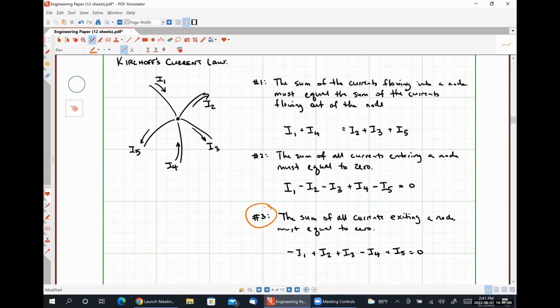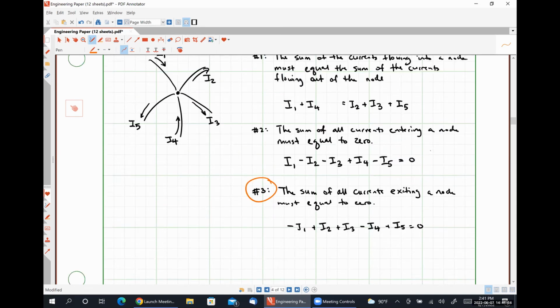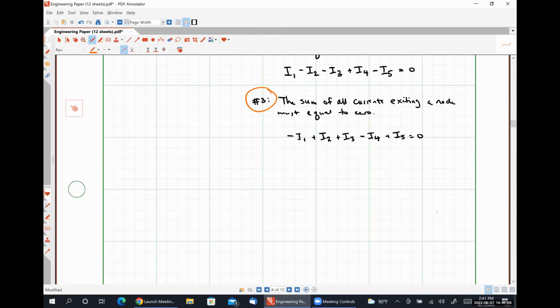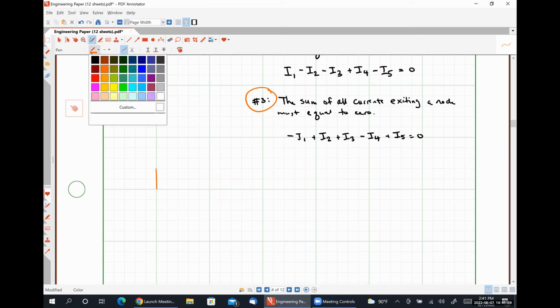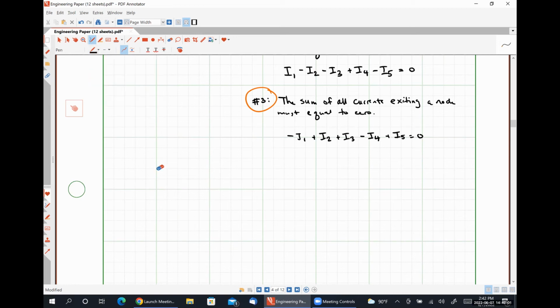So let's work an example problem. Let's say that we have the following circuit where we have an 8 amp source connected in parallel to some element A, which we have determined carries a current of 1 amp.